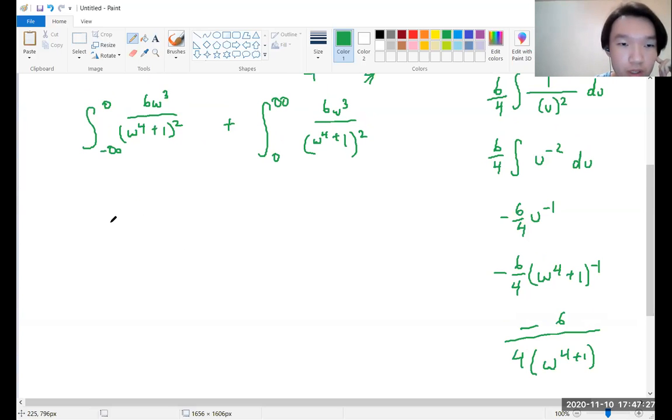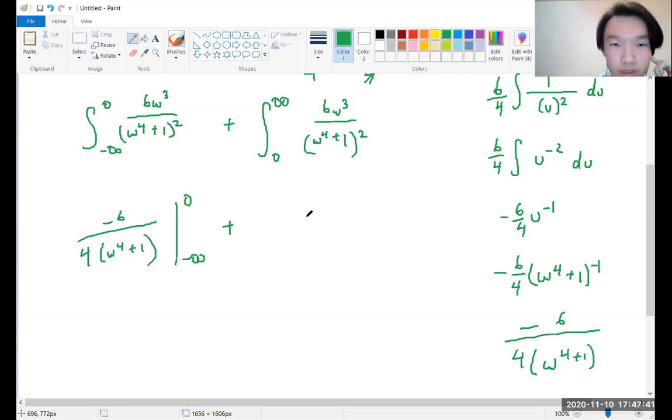So this is -6 over 4, w to the 4th plus 1. We're going to evaluate this from -infinity to 0, and then plus -6 over 4, w to the 4th plus 1, evaluated from 0 to infinity.